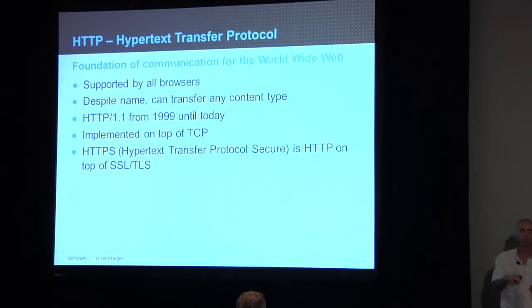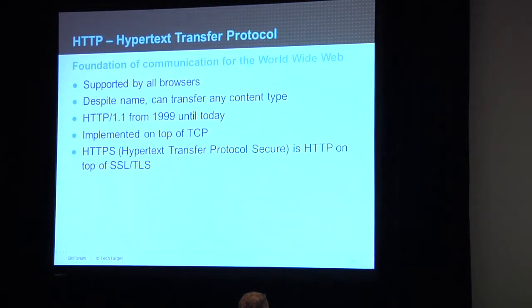The web was built on HTTP. HTTP is obviously supported by all browsers. This is how browsers download content. Despite the name, Hypertext Transfer Protocol, it doesn't just transfer hypertext. It can basically transfer anything. When you open a page, everything in that page is downloaded via HTTP. If you're downloading files, anything through the browser, it's HTTP.